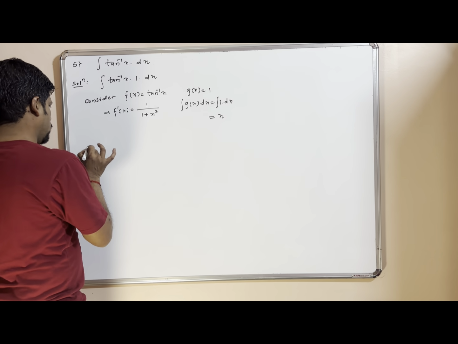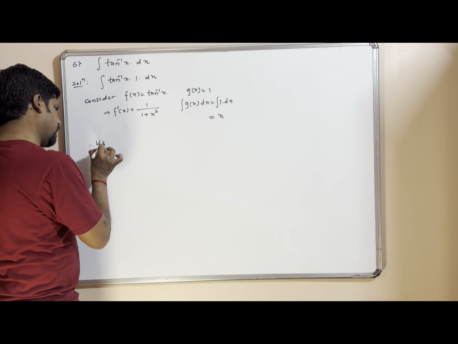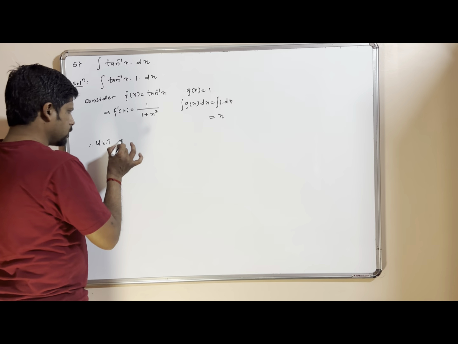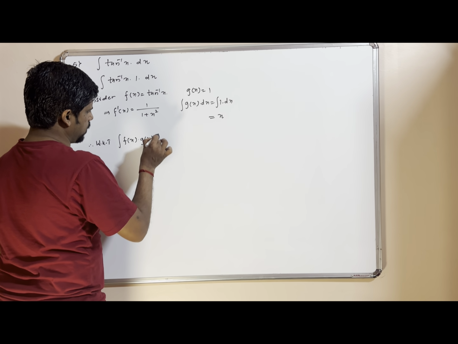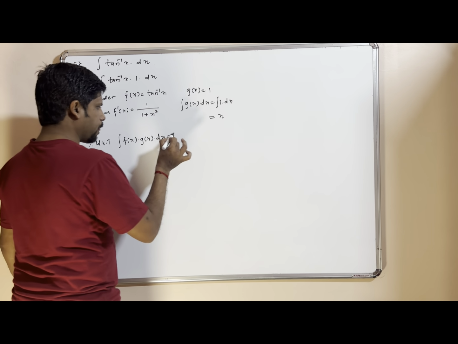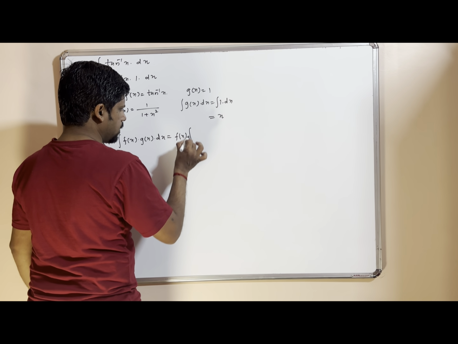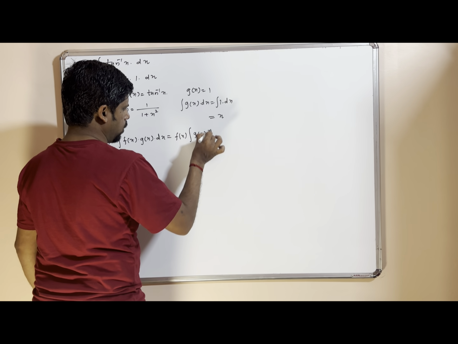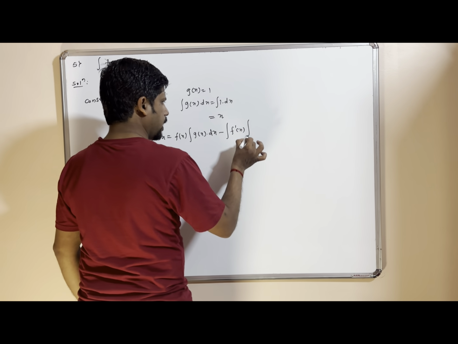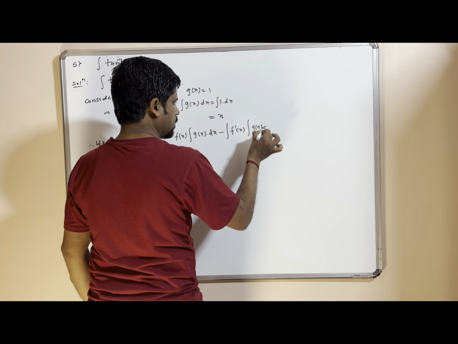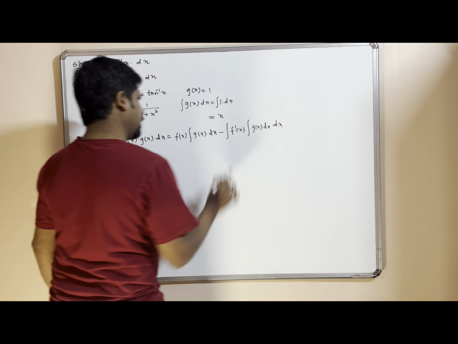So therefore we know that every time you have to practice this formula. Integration of f of x g of x into dx is equal to f of x integration of g of x into dx minus f dash of x integration of g of x into dx into dx.